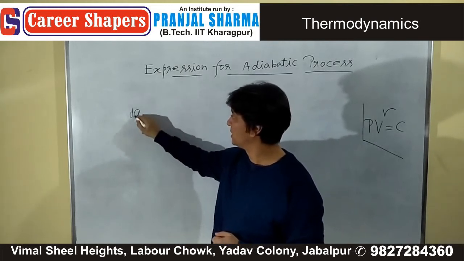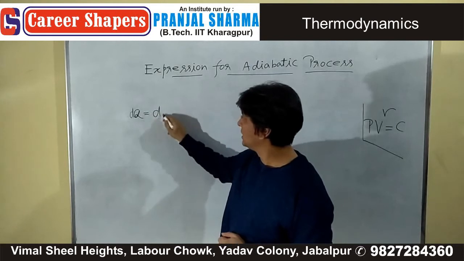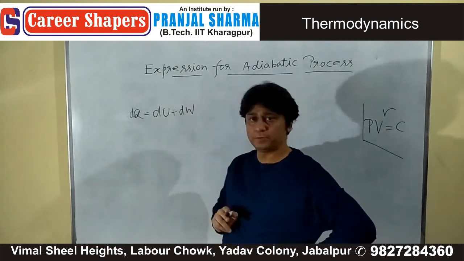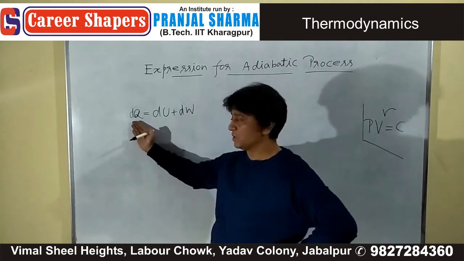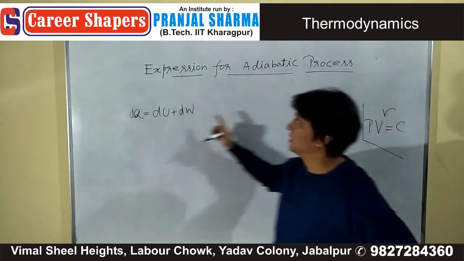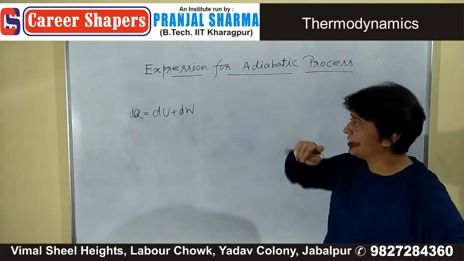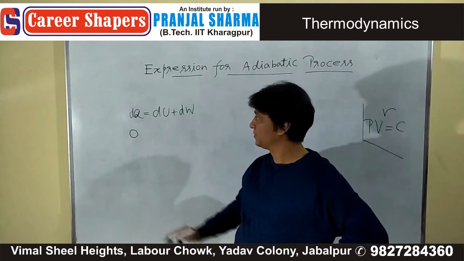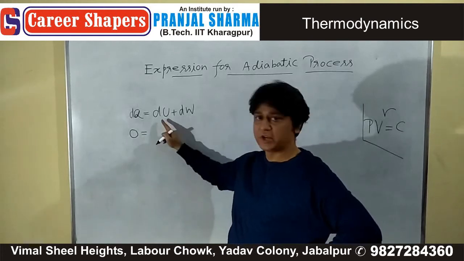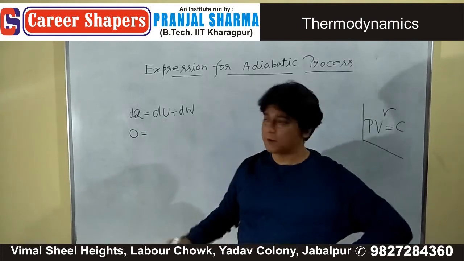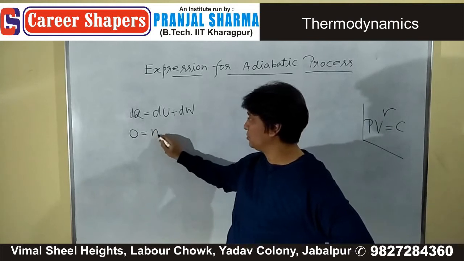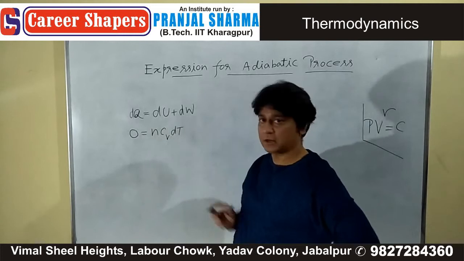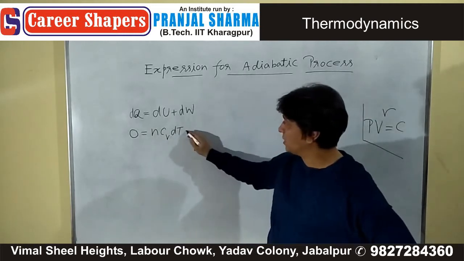For an adiabatic process, the first law: dQ is dU plus dW. It's an adiabatic process, and therefore you immediately know dQ is what? 0. What is dU? For any type of process, dU is always n Cv dT. What is dW?